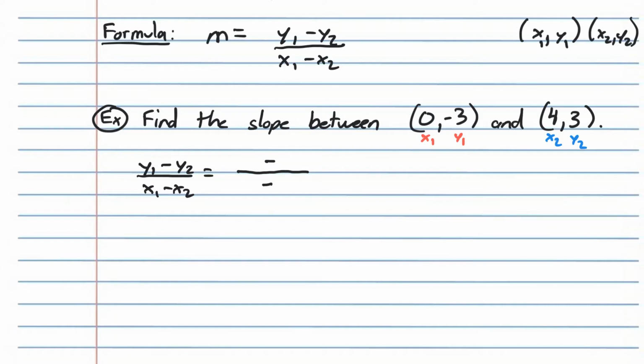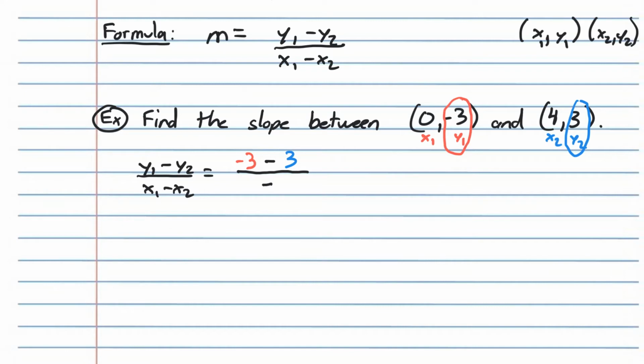Okay, so on the first one, the top of your fraction, it wants y1 minus y2. Okay, so we've already labeled it, so we just got to fill in the blanks. So y1 coming over here is negative 3, so I'm going to put a negative 3 in there. And then y2 is a positive 3, so I'm going to put a positive 3 in there. Okay, the reason why this can get a little bit confusing is because there will be occasions where you get double negatives, which you'll see I think in the next example.